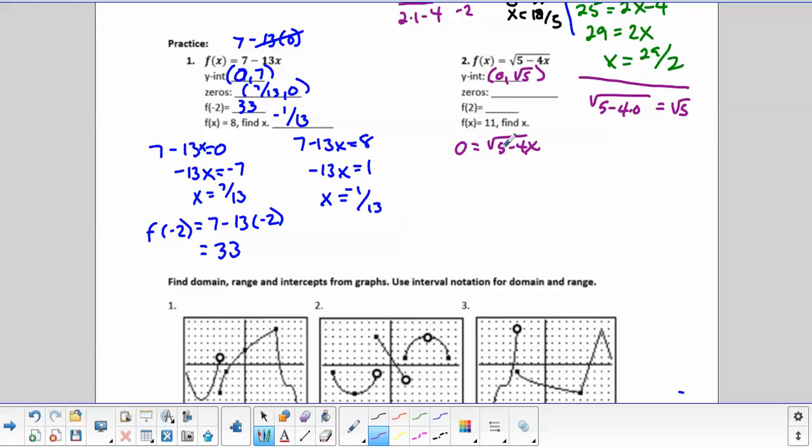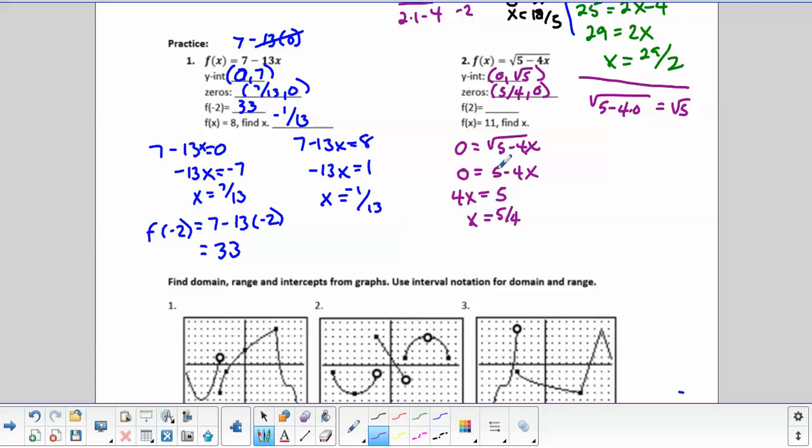Square both sides, and 0 equals 5 minus 4x. Add 4x, that would move it to the left, and divide by 4. So when x is 5/4, you get an answer of 0.